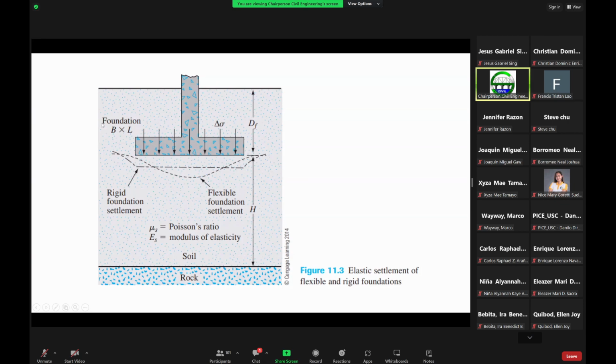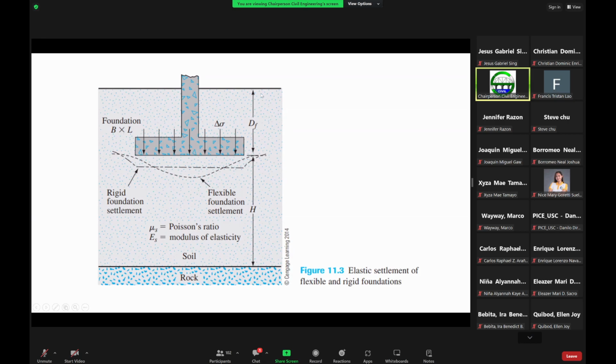The foundation can have a dimension of B times L, where B is the width and L is the length of the foundation. So if you have a square foundation, then the width and the length are just equal.